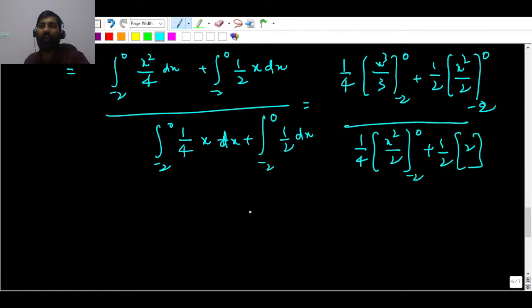So you will solve this, and you will get minus 2 by 3 if you solve everything, right? So I think you can solve this integral.